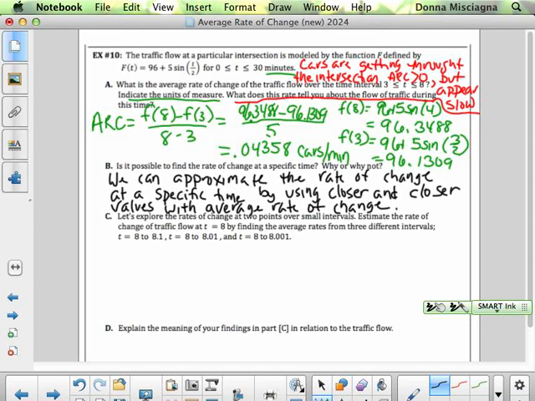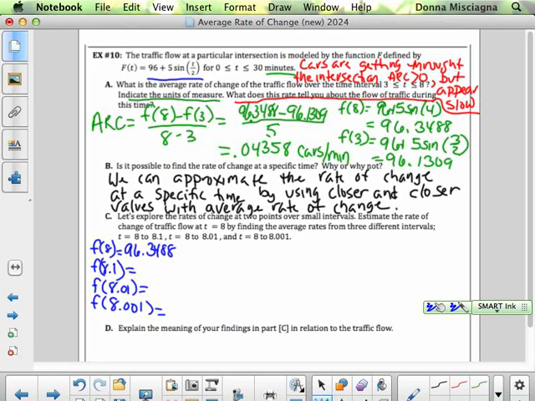All right, so we're going to have to get our values here first. We know what f of 8 is, because that's up there. That was 96.3488. So we're going to need f of 8.1, f of 8.01, and f of 8.001. I'm not going to write the whole equation. We don't have a lot of space here. What we're doing is just plugging that into the equation up here. So somebody plugged that into calculators.